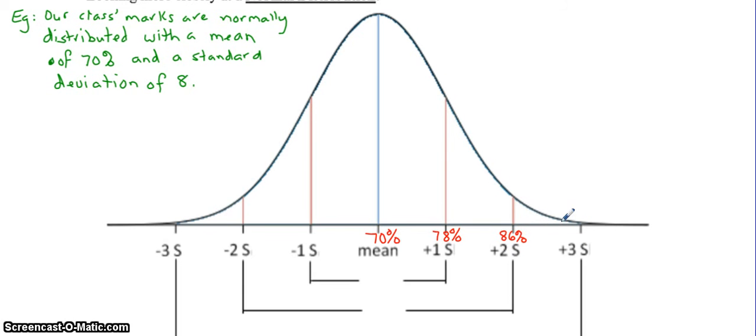If we added three standard deviations, so that's 70 plus 8 plus 8 plus 8, that would be where the bar containing the 94 would be. And it would be symmetrical on the left side. So if we subtracted a standard deviation, this would be where 62 would be. If we subtracted another standard deviation, this is where 54 would be. And if we subtracted another standard deviation, this is where 46 would be.